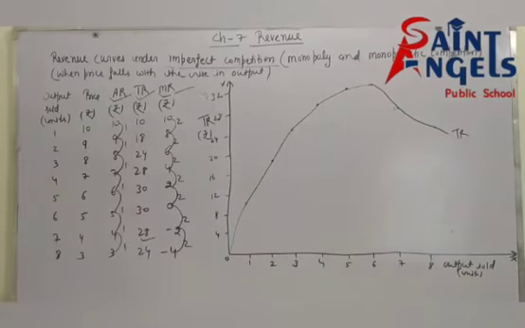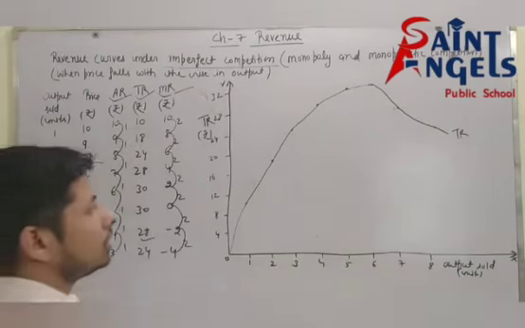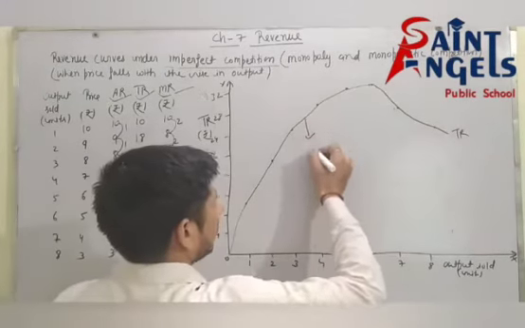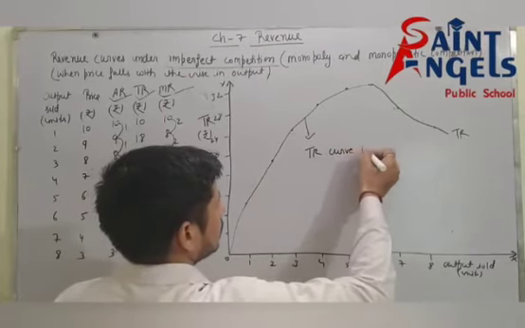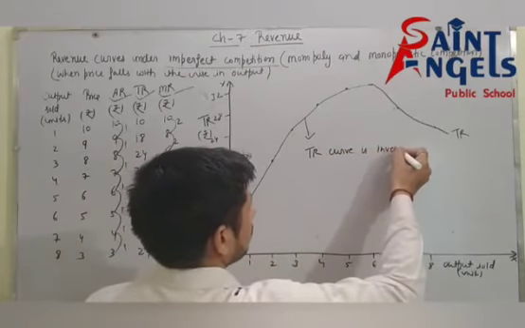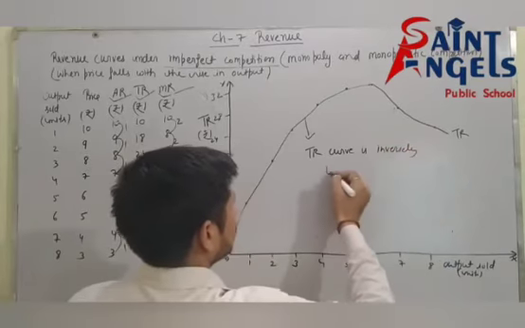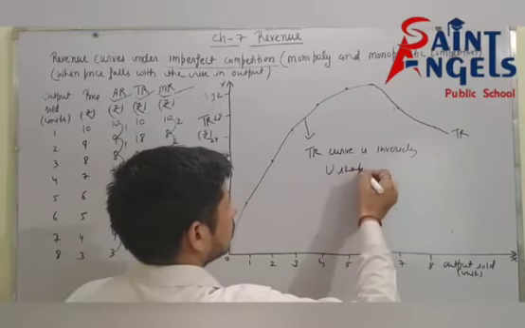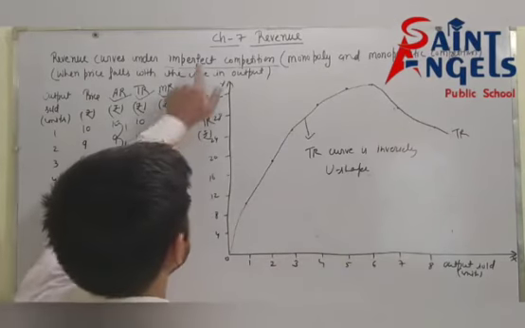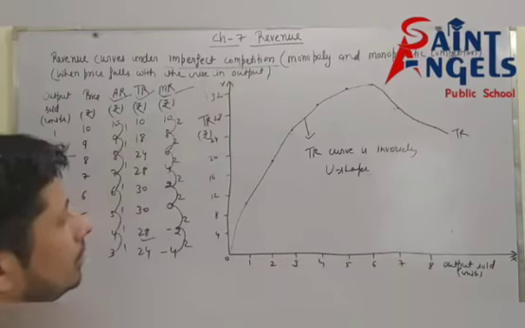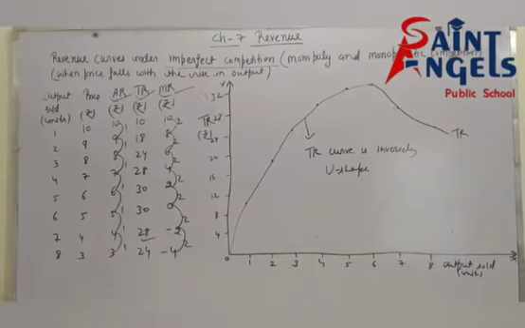This is a TR curve, which is inversely U-shaped. The TR curve is inversely U-shaped in an imperfect competition market.